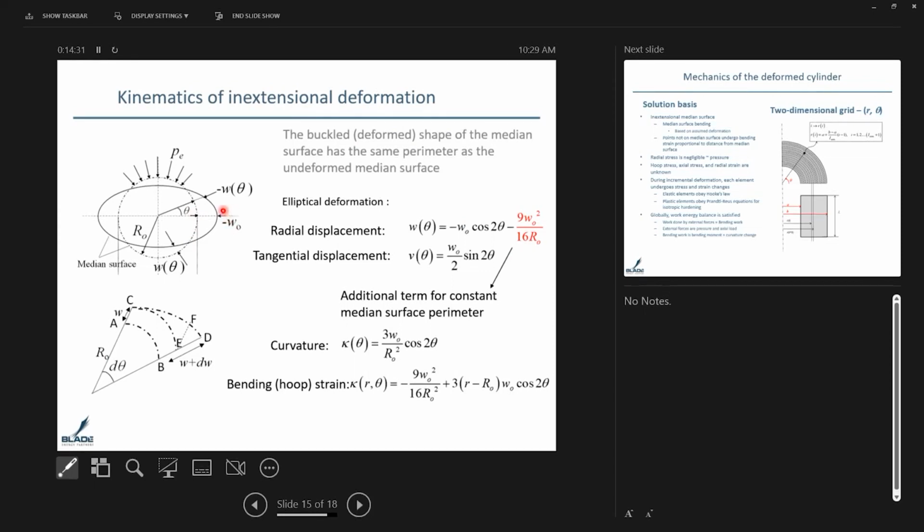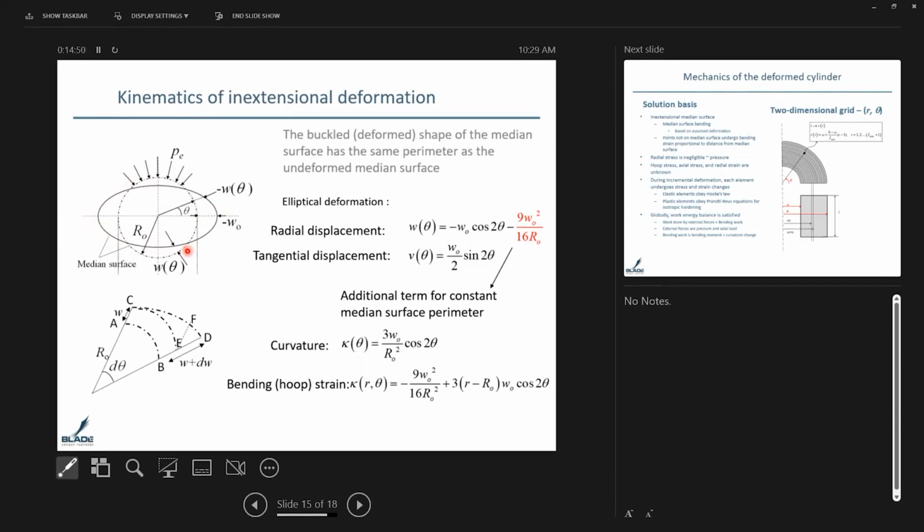deformation. So you have a cylinder, and what we are trying to do is assume that the median surface is inextensional. In other words, what we are saying is that when it is subjected to internal and external pressure, the perimeter of the median surface remains constant.